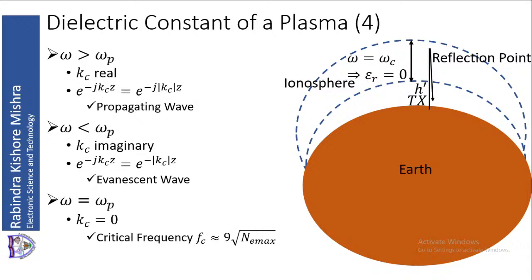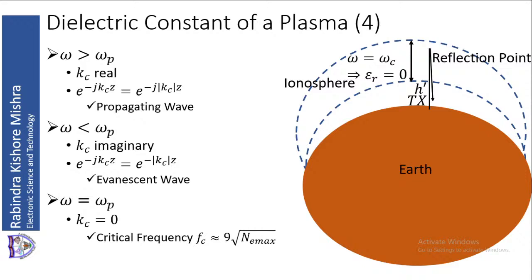We'll stop here for today. We have discussed what is ionosphere, what is polarization in the ionosphere, and what is the expression for dielectric constant in the ionosphere or in plasma, and all these things under the assumption that the Earth's magnetic field is not playing any role.